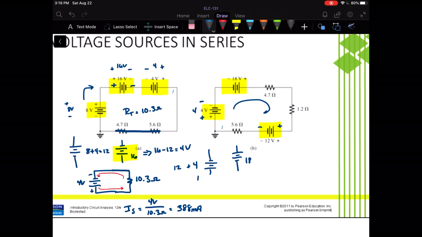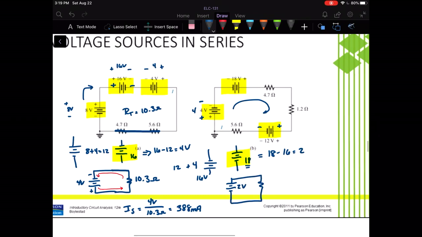So we have 16 volts in this direction and 18 volts in the opposite direction. The net is 18 minus 16, which is 2, in the direction of the larger of the two, which is the 18. When I draw this in my circuit, it's going to look just like this, with 2 volts.